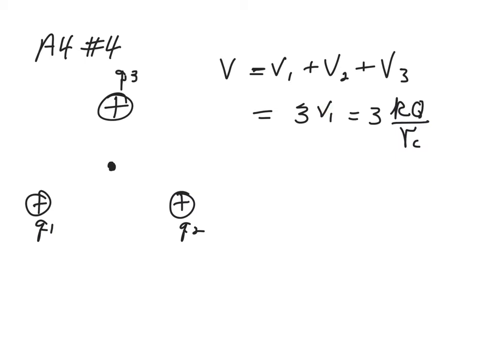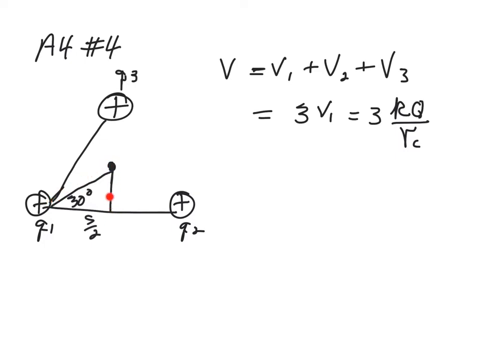And 3 times V1 is 3kq over the distance to the center from any charge. So now you got to figure that. So it's mostly a trig problem. Go ahead, see if you can get that. Okay, here's how to do the trig. Put the point there, draw this triangle.